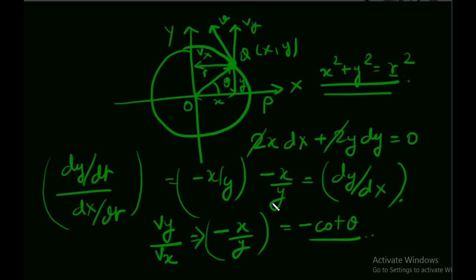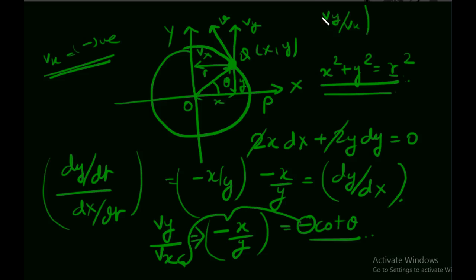Now since Vx is in the negative direction, this sign can be taken over here. Okay, so this means Vx is in the negative direction. Okay, when we take the modulus, for example, Vy over Vx, we have this cot theta. The minus sign vanishes.